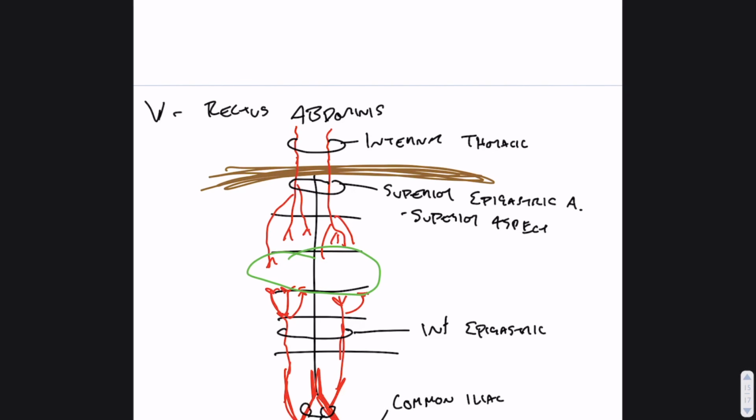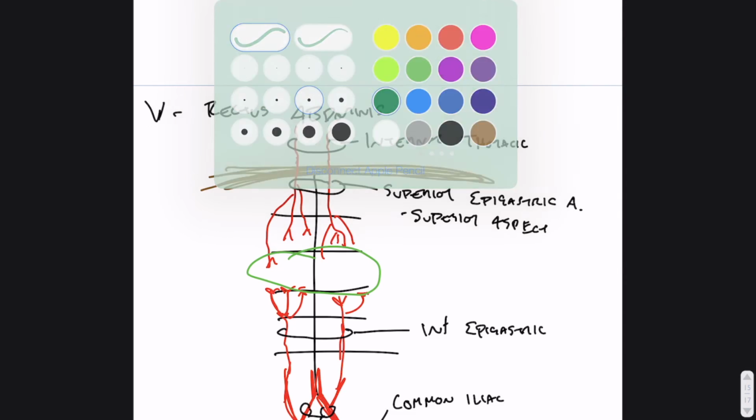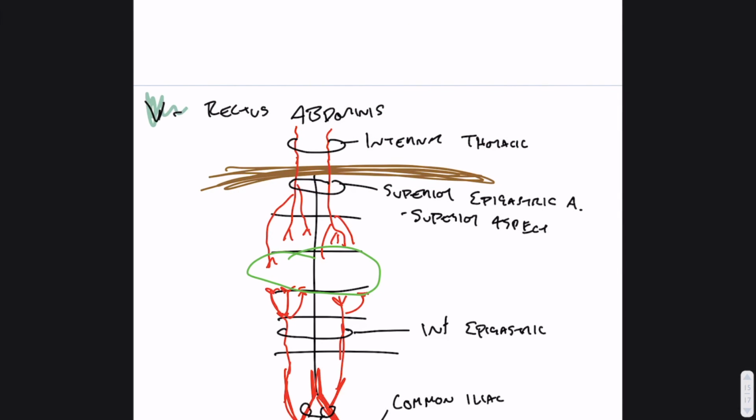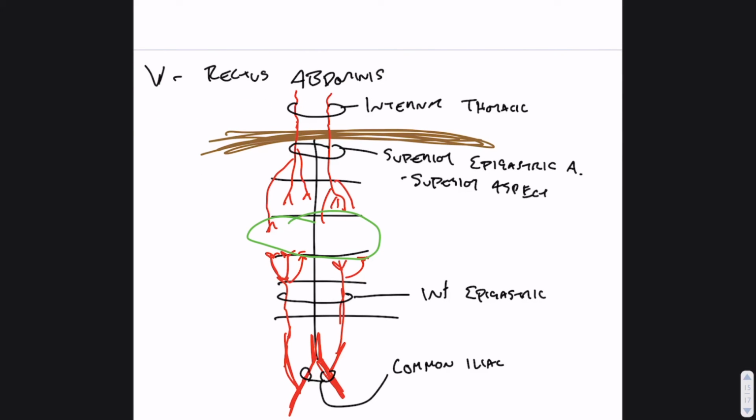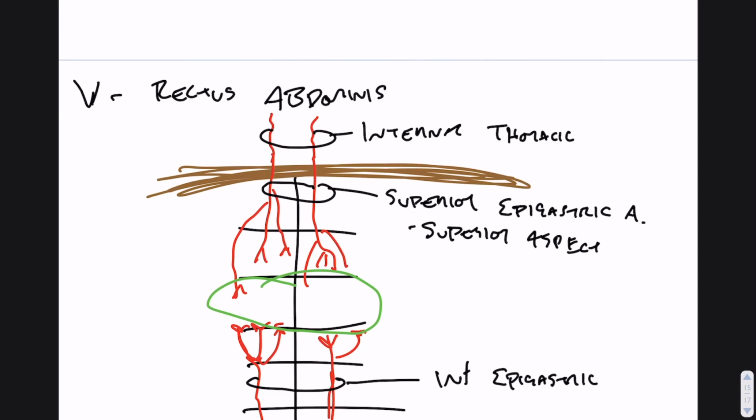So again, we're going to have anterior and posterior pathways here, but it's a lot more basic. So I'm going to use this highlighter to kind of show what we're talking about. So we're going to the ventral muscle of the abdomen, called the rectus abdominis. Rectus abdominis is our ventral muscle, so it's anterior. Those internal thoracic arteries turn into, after you pass where the diaphragm is, kind of the last rib you can feel on the front, the superior epigastric artery.